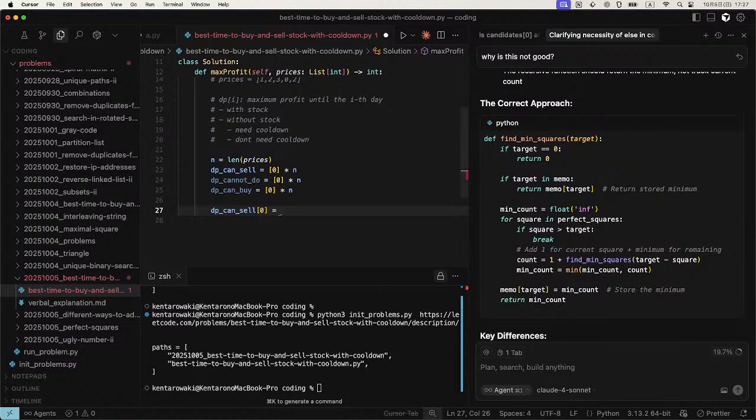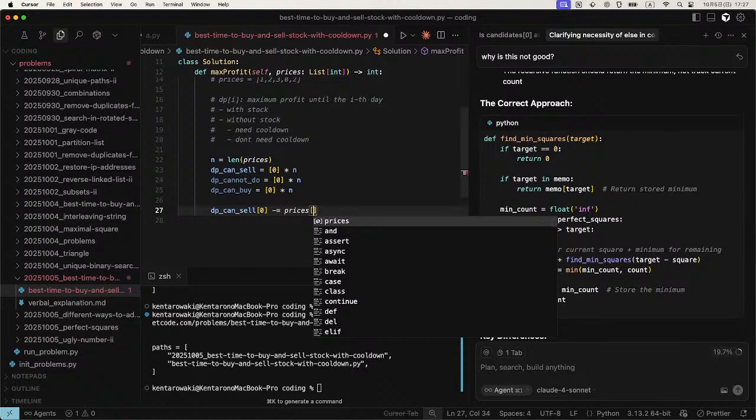We bought the stock with the price of day one. Yeah, we have to pay the price of day one.